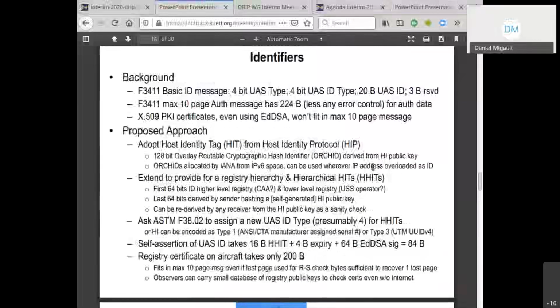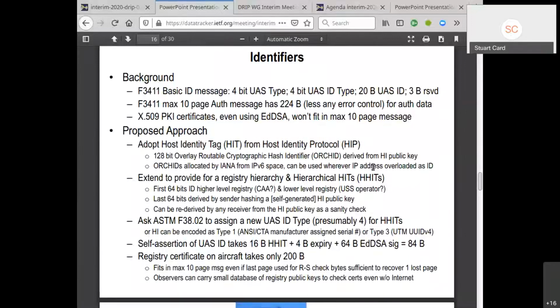There we go. Background on identifiers. The F3411 basic ID message gives us exactly that to work with. An F3411 authentication message, even if we were allowed to use all 10 pages of it, has exactly 224 bytes available, minus any error control.